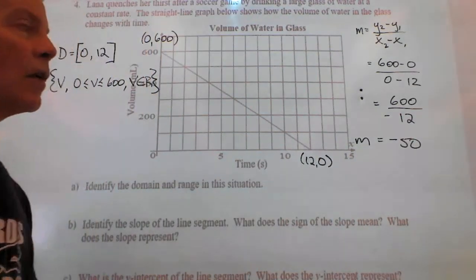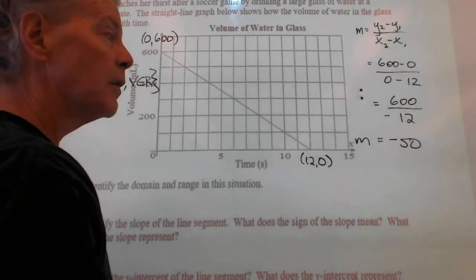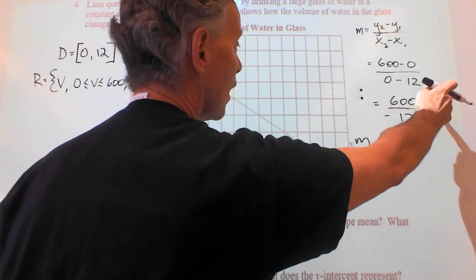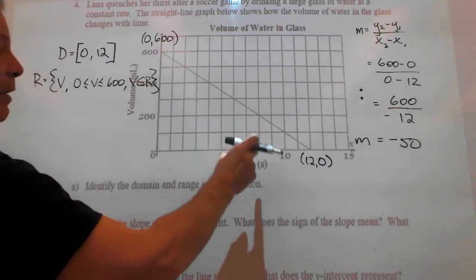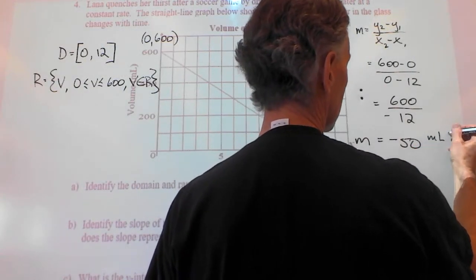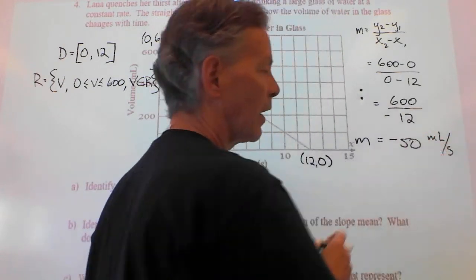So in this case, our slope is negative 50. And what are our units? You have to attach the units to the slope. Well, since it's y over x, it will be milliliters, our y value, over x. Sorry, seconds, our x value. So our units are 50 milliliters per second.